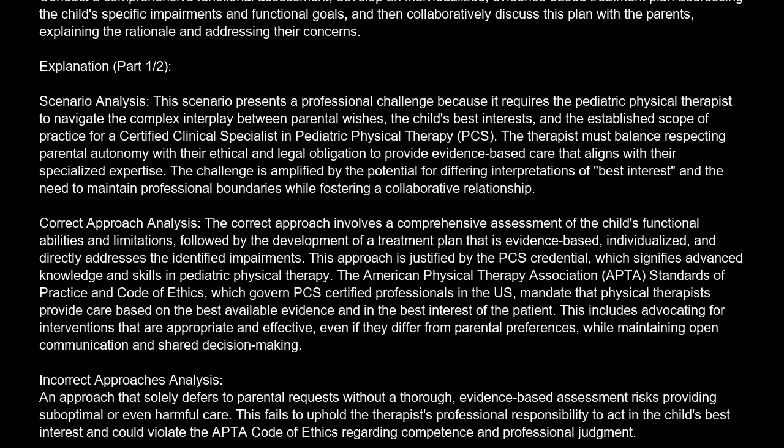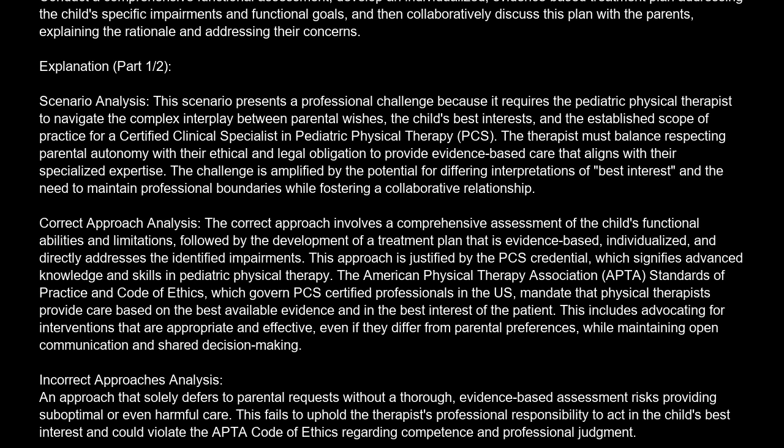Correct approach analysis. The correct approach involves a comprehensive assessment of the child's functional abilities and limitations, followed by the development of a treatment plan that is evidence-based, individualized, and directly addresses the identified impairments. This approach is justified by the PCS credential, which signifies advanced knowledge and skills in pediatric physical therapy.